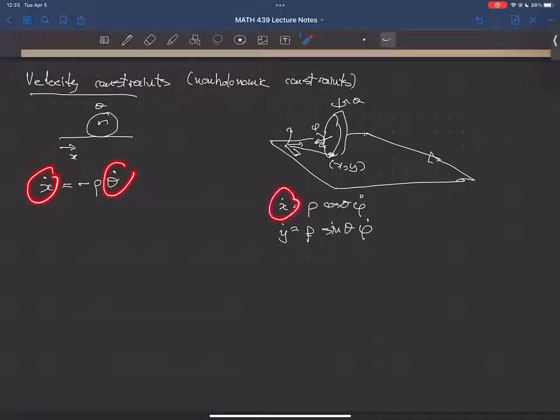So the velocities all appear linearly in these formulas, and therefore the set of x dot, theta dot, and in this case the set of x dot, theta dot, and phi dot, which satisfy the equations, implies that the set of velocities that satisfy the constraints are a subspace of the tangent space at that point. Okay, and so that leads to the following definition.